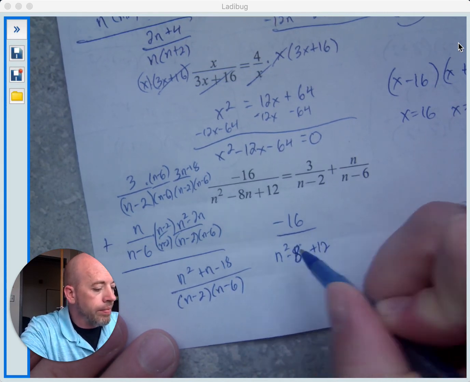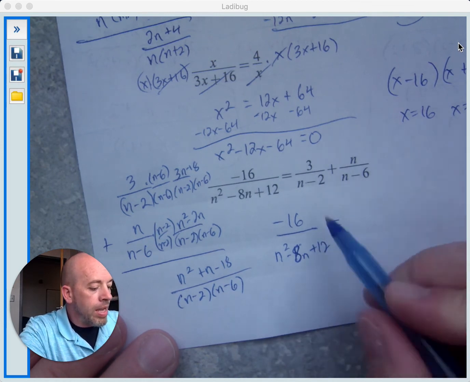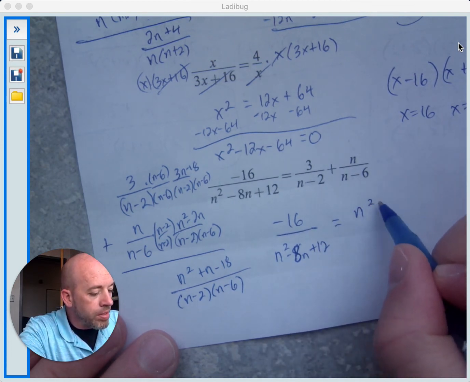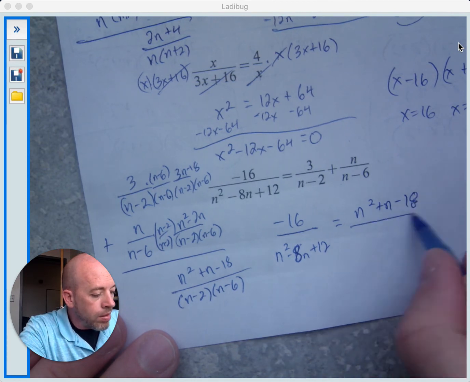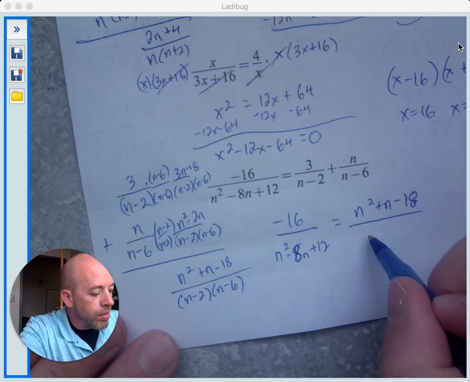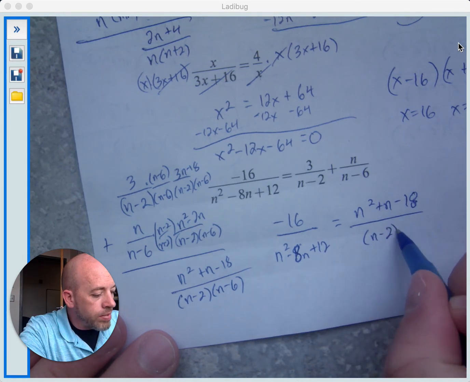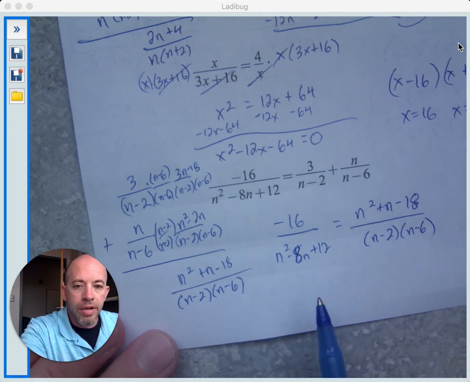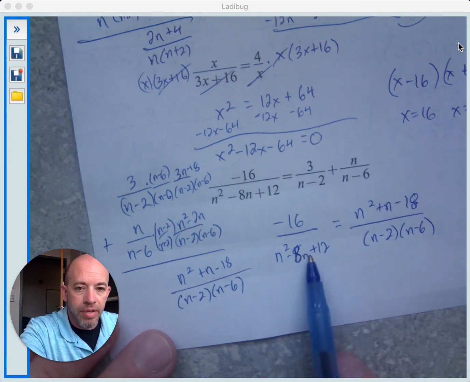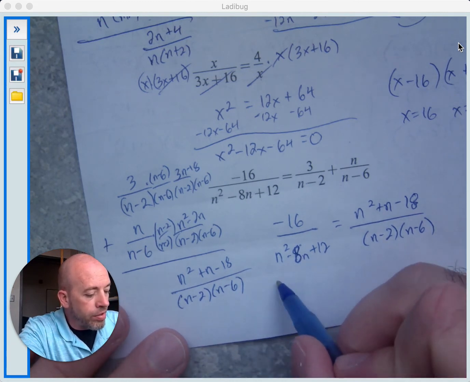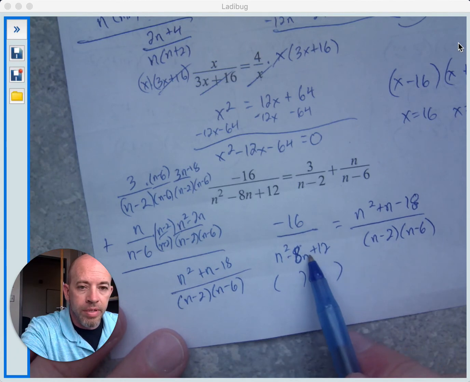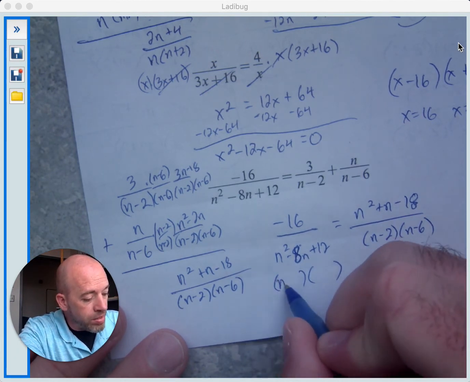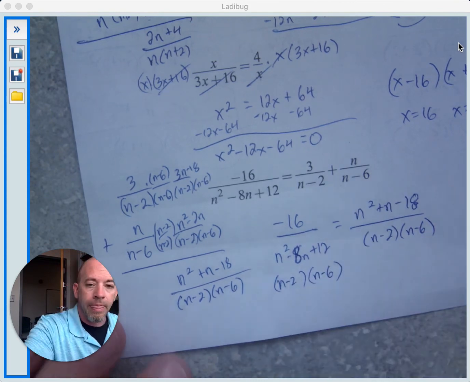And then we added these together and got n squared plus n minus 18 all over n minus 2 times n minus 6. Well, let's factor this and see what all our factors are. So two factors of 12 that add up to negative 8. We need a negative 6 and a negative 2, so this is n minus 2 and n minus 6, right?